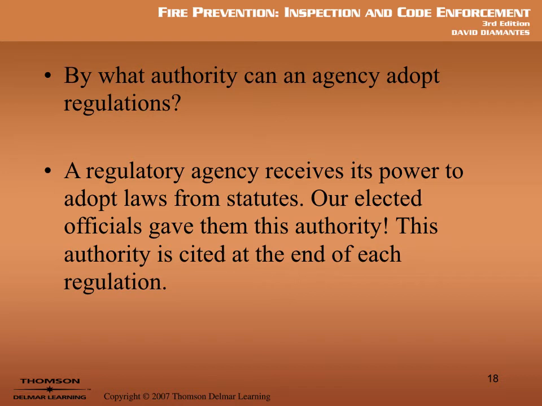So by what authority can an agency adopt regulations? The regulatory agency receives its power to adopt laws from the statutes. Our elected officials gave them the authority. So this authority is going to be cited either at the beginning or the end of those regulations, and that's the case in Title 19.